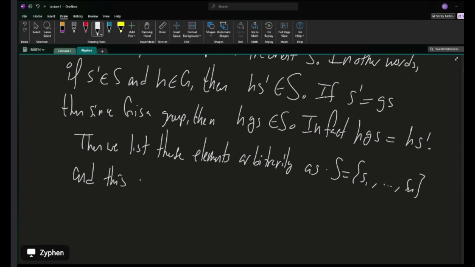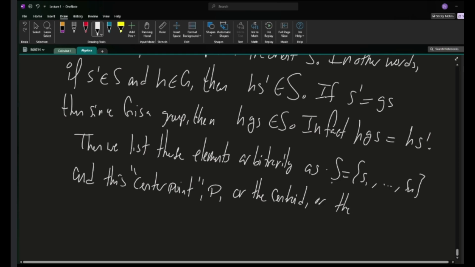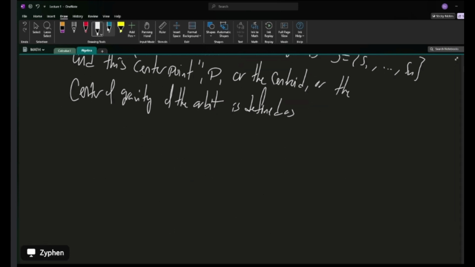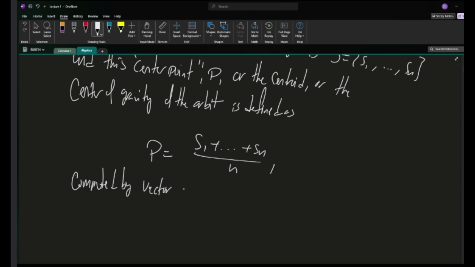And this center point P, or the centroid, or the center of gravity of the orbit, is defined as the average of all these points, computed by vector addition.